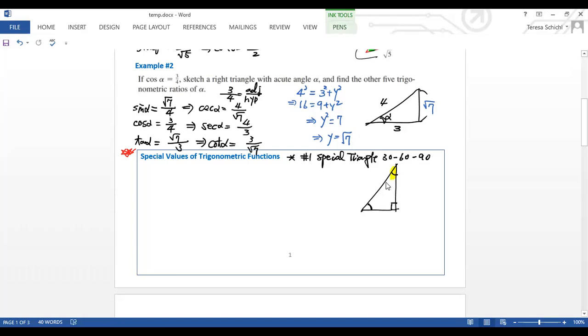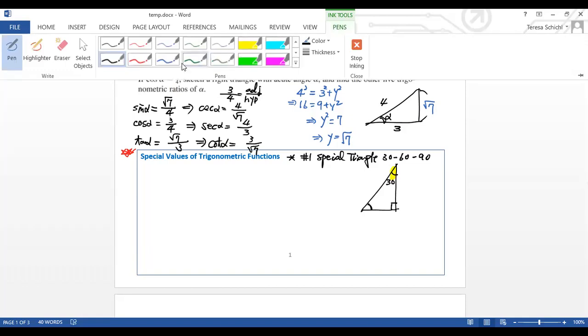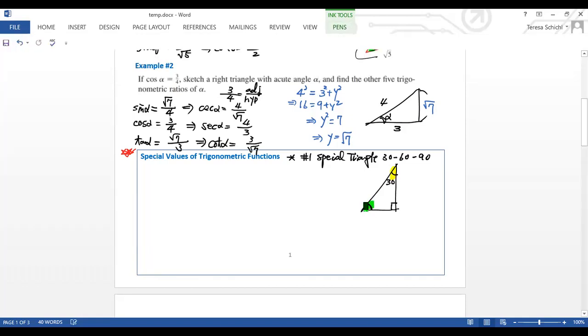Let's say this is my 30 degree angle, and this angle here, the green one, is my 60 degree angle. Don't forget my degrees here. So this is 30, 60, 90.